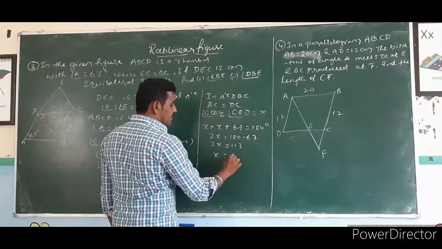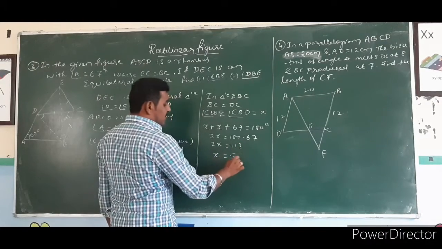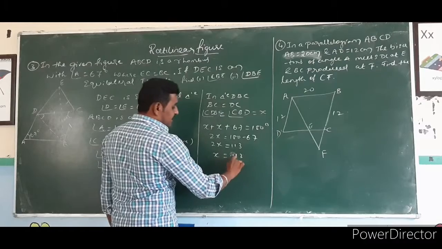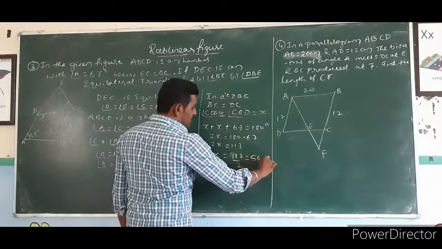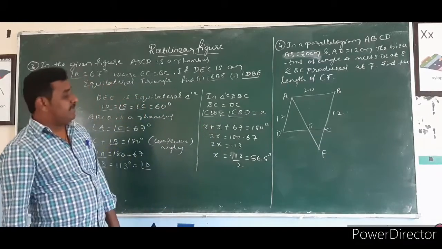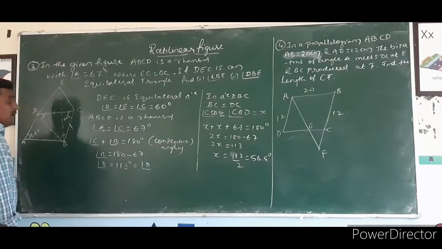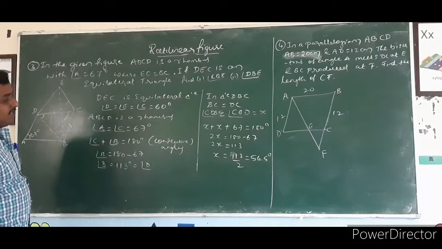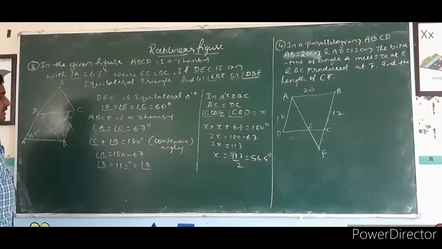X is equal to 113 divided by 2, which is 56.5 degrees. That means CDB and CBD are both equal to 56.5. Okay, next.